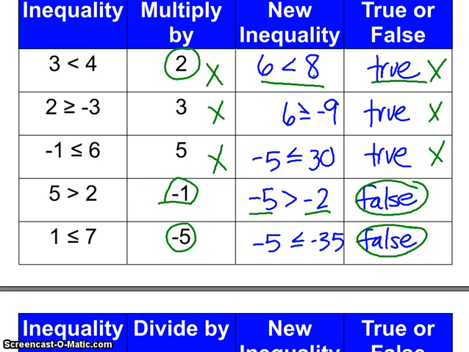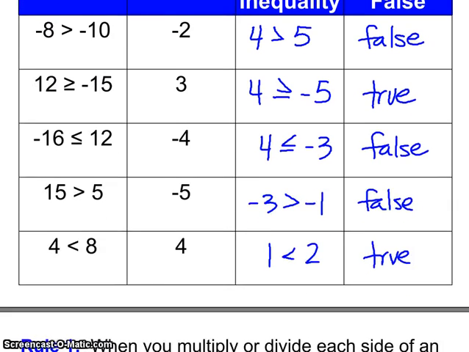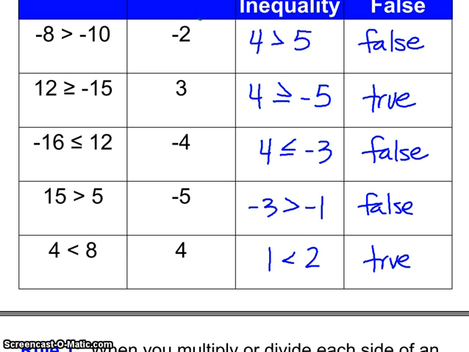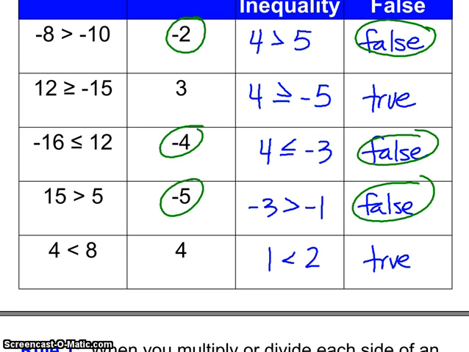Same thing if you scroll down to the dividing section. You see the negative ends up giving you a false inequality, and with the positives, when you multiply or divide both sides by a positive number, the inequality remains true.